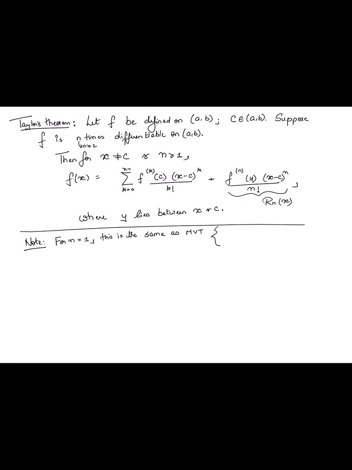Because recall that the mean value theorem tells you that f of x is equal to f of c, which is indeed the 0th order Taylor approximation, plus f prime of y into (x minus c). The existence of a y such that f prime of y is equal to (f of x minus f of c) upon (x minus c) is exactly what the mean value theorem says.